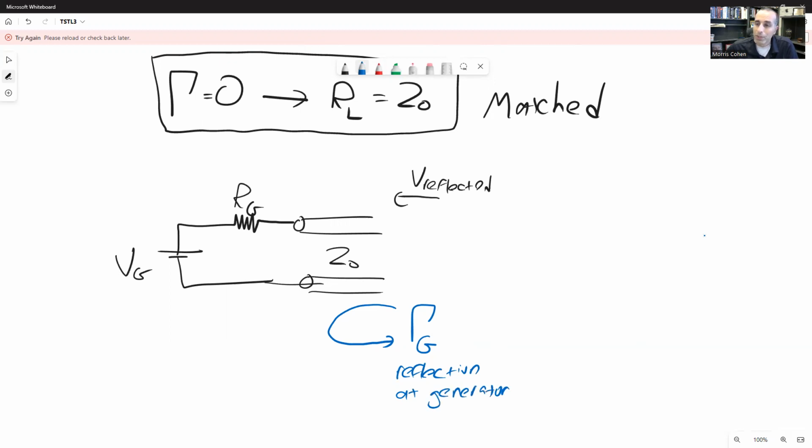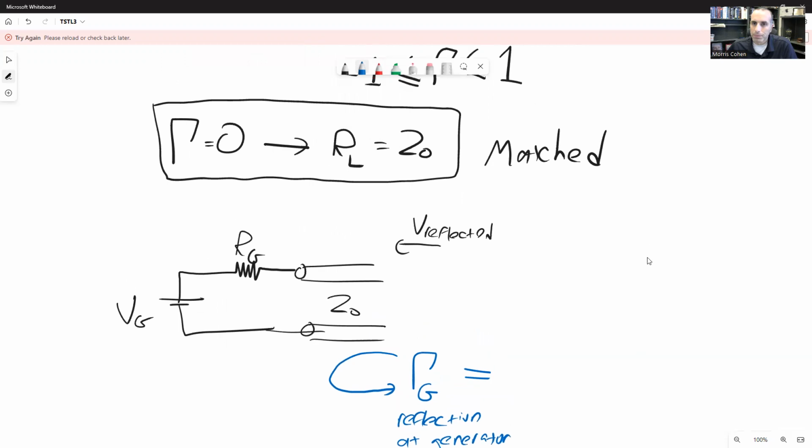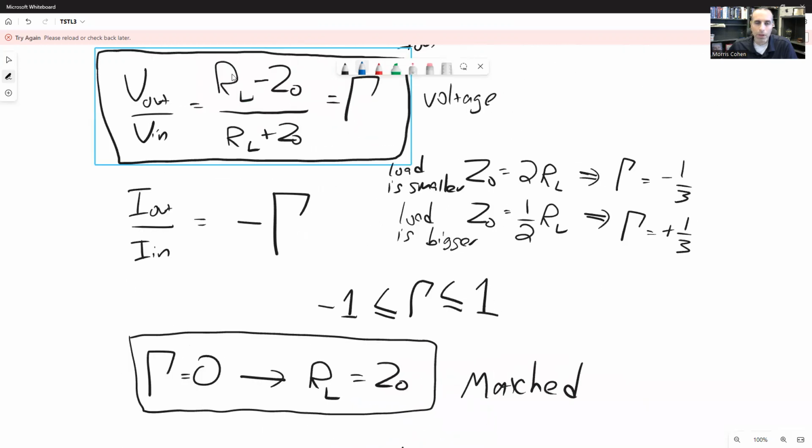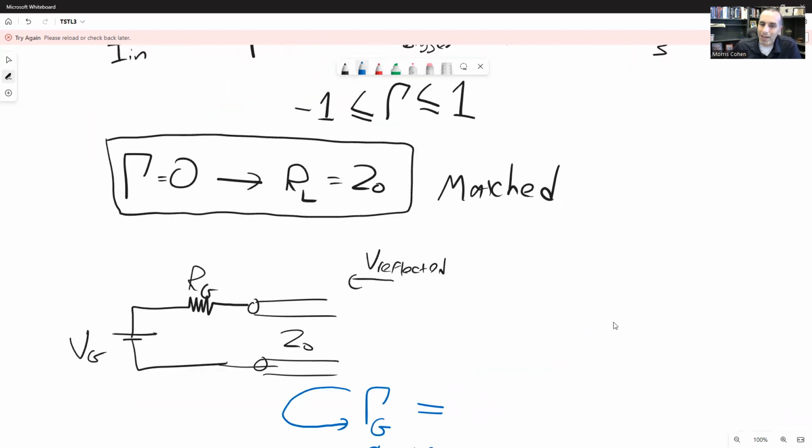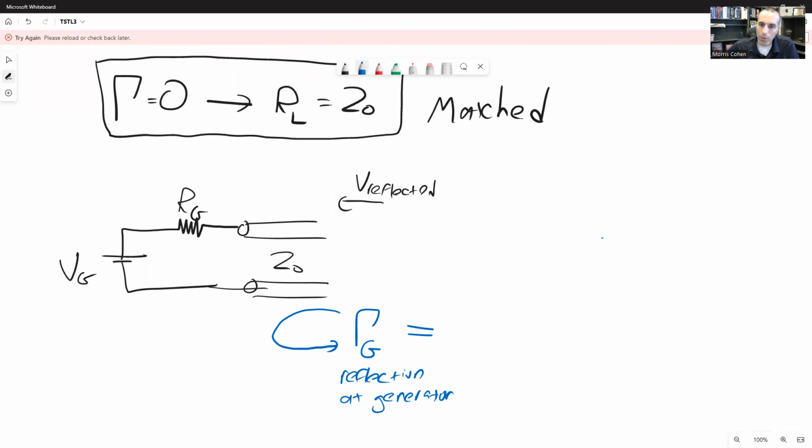The reflection coefficient at the generator end will be equal to essentially the same equation that we had before, except instead of the load being RL, the load is RG. It's the generator resistance that acts like our load. So this reflection coefficient at the generator will be RG minus Z0 over the sum.